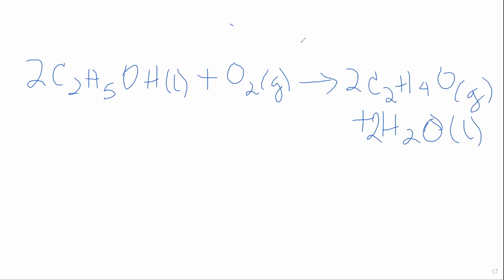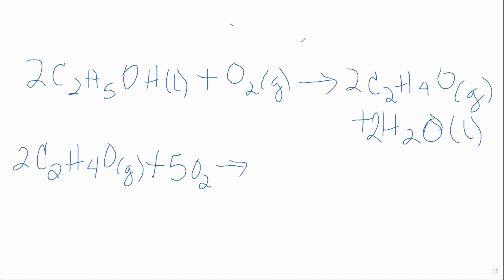Now, the partial reactions, the two reactions that yield this reaction, are these. 2C2H4O, and you can imagine that's a gas, but I'm going to do it anyway, plus 5O2 yields 4CO2 plus 4H2O, and that's gas and liquid.